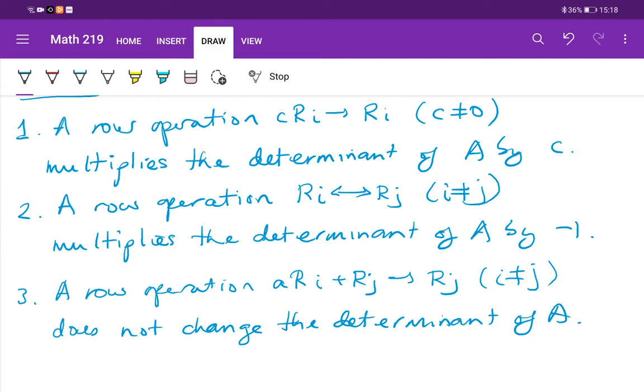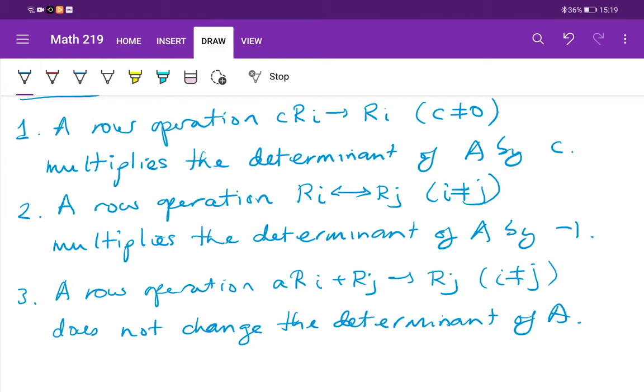Okay, so for the proofs of these, perhaps you can read off the first two. You can see they're not too difficult. The definition of the determinant is given by a cofactor expansion along any row. In fact, the definition of the determinant was cofactor expansion along the first row, and I stated that in fact we could take the cofactor expansion along any row.